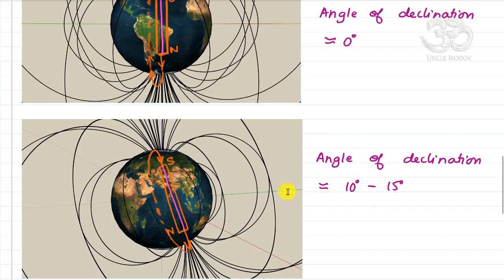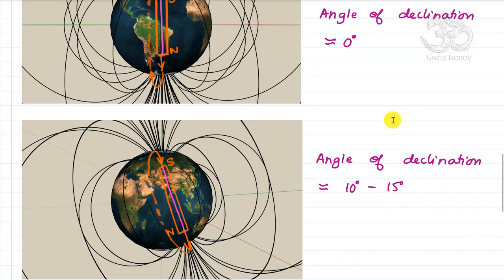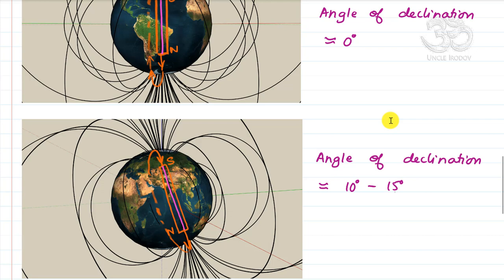But the most interesting point is that this angle will differ from one place to the other. Of course, its variation will not be so much that I'm in my house and I find angle of declination as something, and then I go to one of your houses and I see that the angle of declination is something else. No, that won't happen because we live very close by geographically. So the variations in Earth's magnetic field over such a small geographical region are imperceptible.